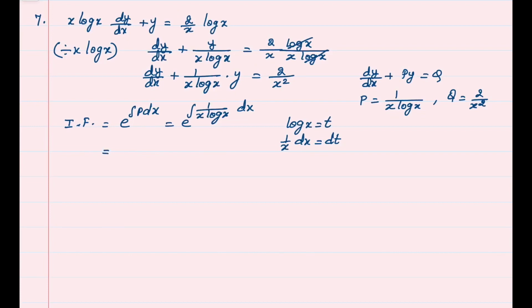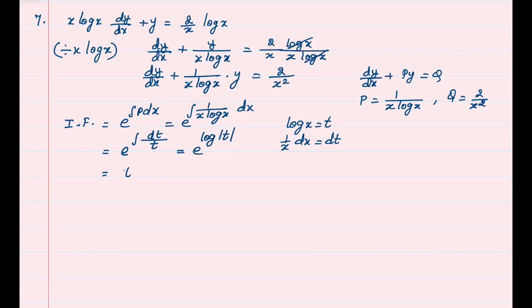Therefore, it becomes e power integral of dt divided by t, where 1 by x dx is dt and log x is t. Integral of 1 divided by t is log of absolute value of t. E and log functions cancel.